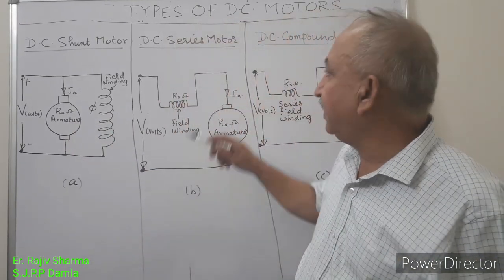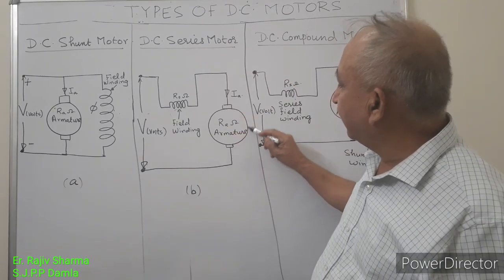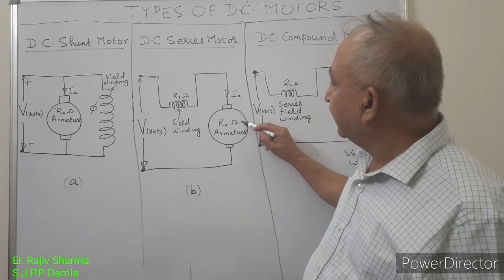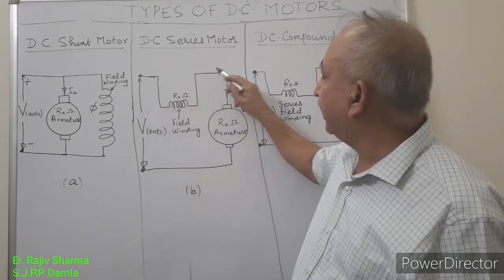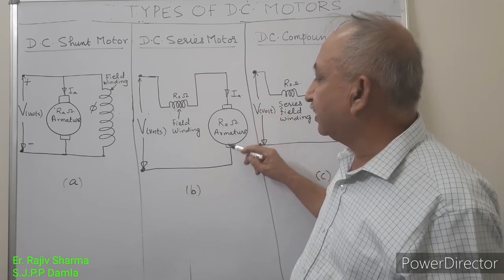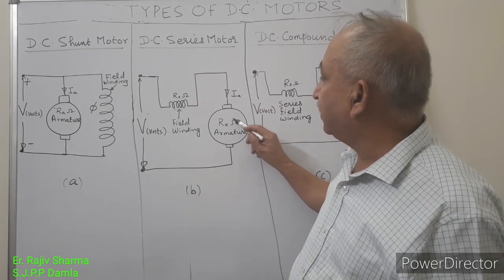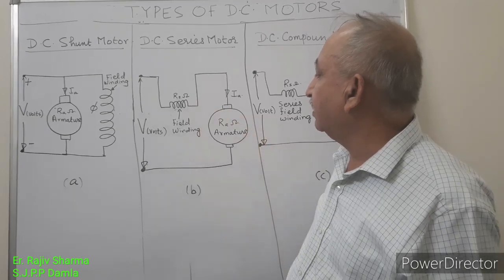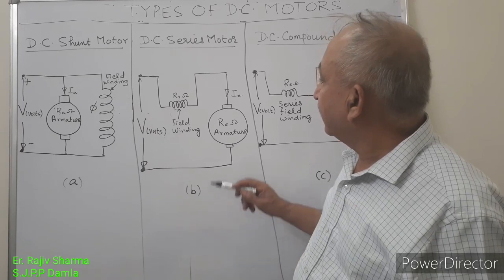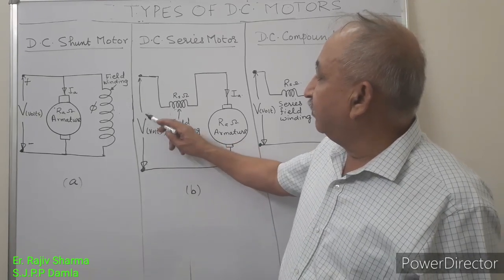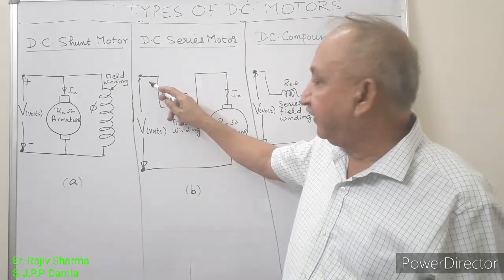The second type is the DC series motor. Here this one is the armature and this is the field winding. We see that the field winding and the armature are connected in series. RA ohms is the resistance of the armature, RS is the resistance of the series field winding, and V is the external voltage applied from the battery.